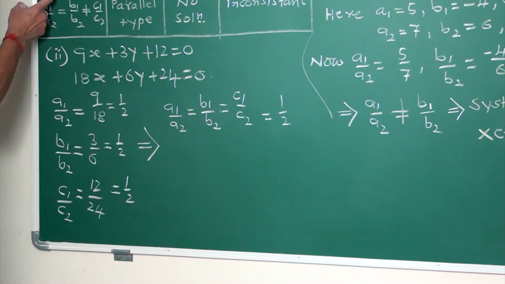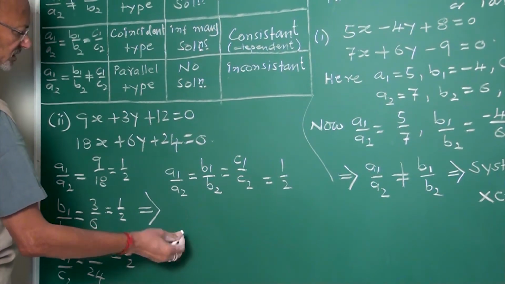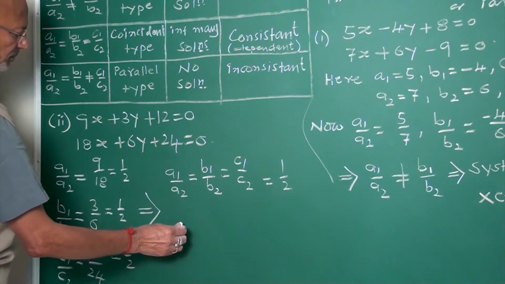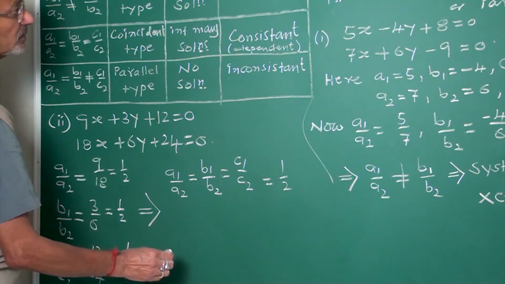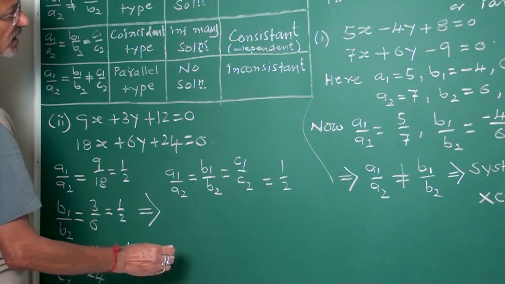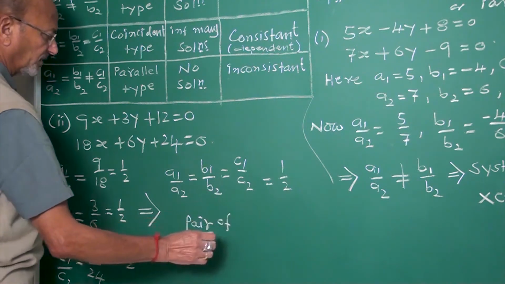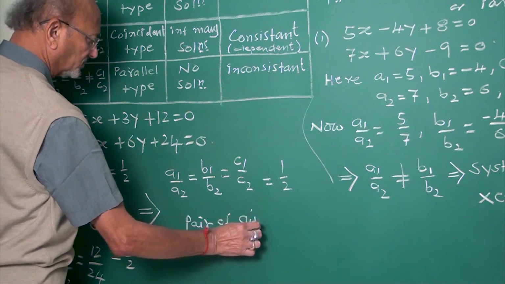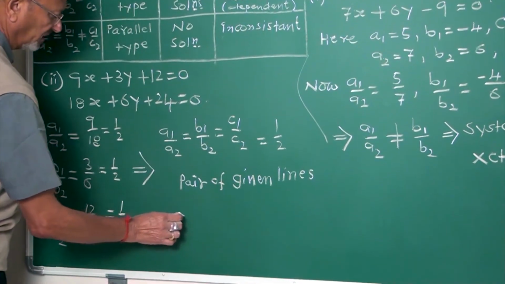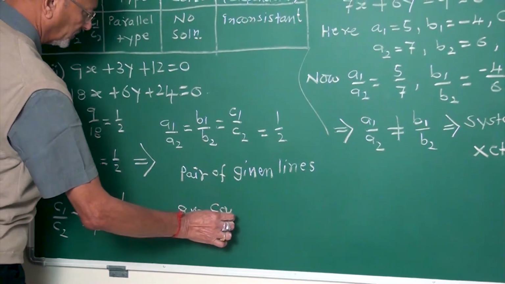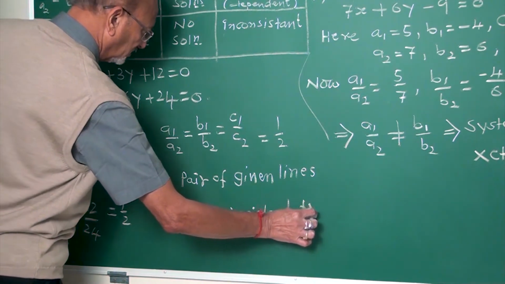When all the three are equal, coincident type, therefore the lines are coincident. System is consistent, dependent. Yes, in this case, the pair of given lines are coincident type.